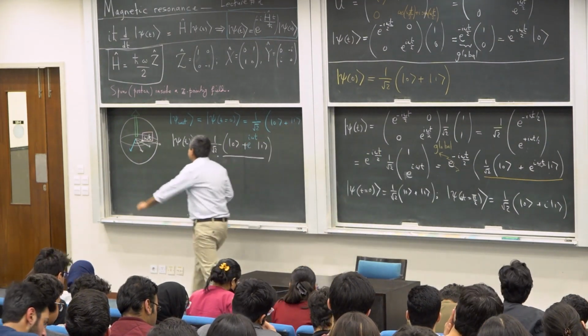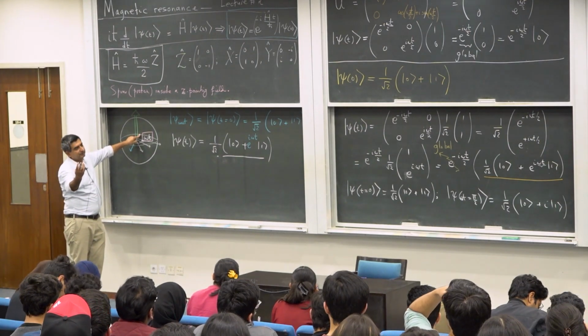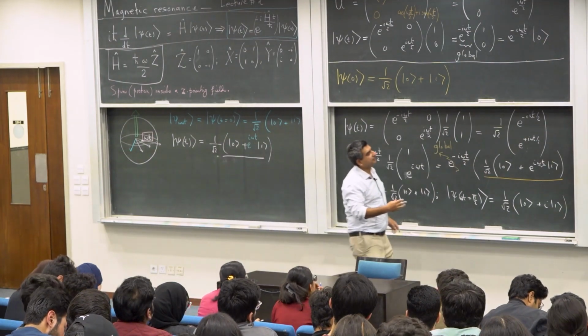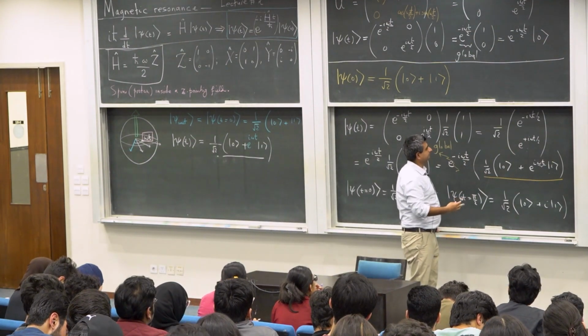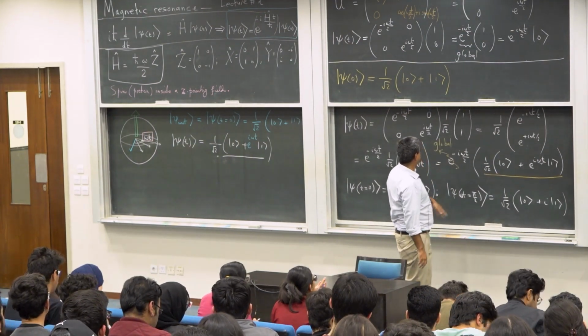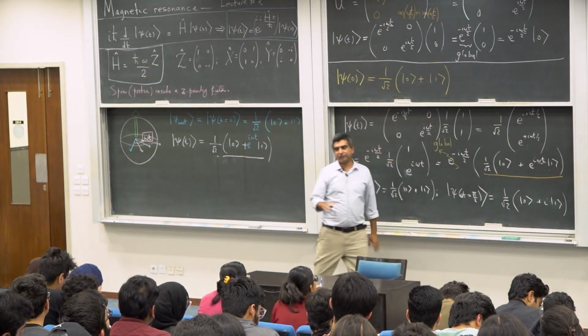Some later time, it's going to go to the back end of the Bloch sphere. At that point in time, there's going to be a minus sign here, right? And so on.